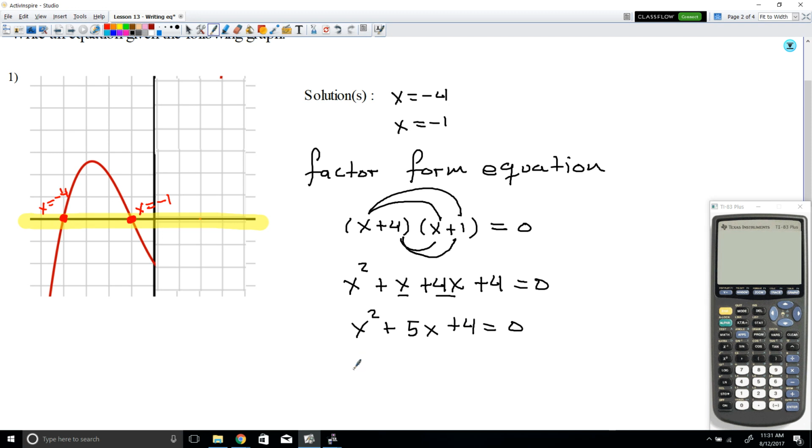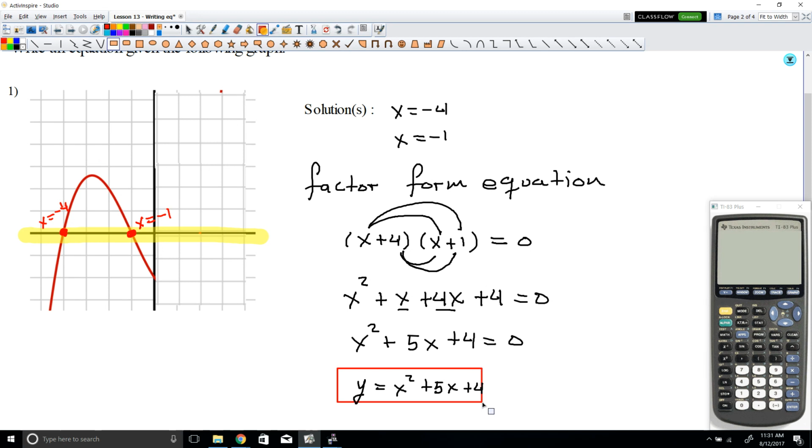But technically, because it's an equation, you have to set it equal to y. So there you have it. This is an equation. If you were to graph this equation, you would have the shape, and you would have x equals -4 and x equals -1 as your solutions.